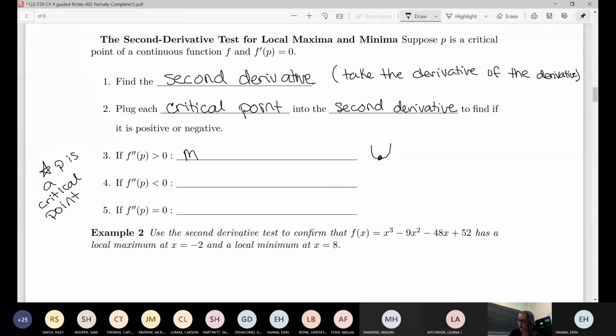So we'd have a local min. Because the function would be concave up, so it looks like our little cup option. And essentially that point would end up being the bottom of the cup. Where if the second derivative is negative, we're concave down, so we would end up being kind of that maximum point. So we would have a local max.